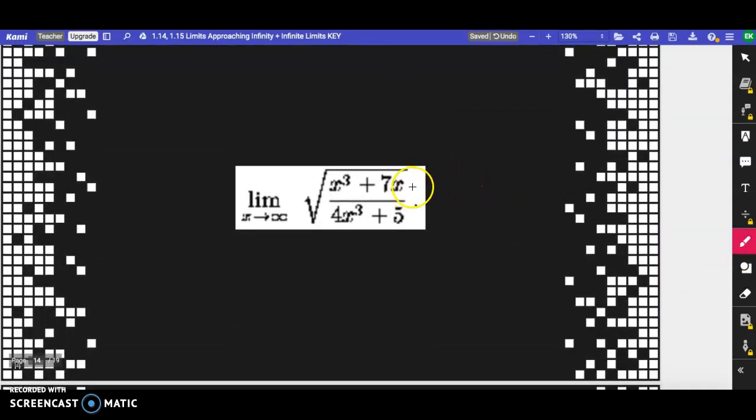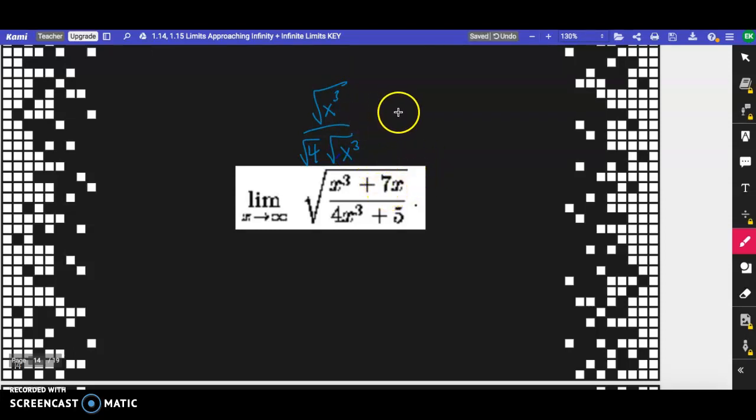Okay, when we look at this piece, the x cubed and the x cubed match, but we have this newfangled radical or square root that we haven't seen before. So your 7x and 5 become basically negligible. And so then you can apply your root separately to the other pieces that are still left here, right?